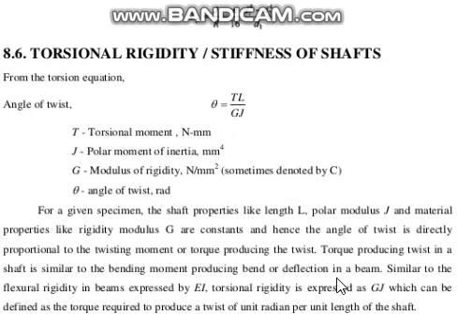That we call torsional rigidity. So remember this GJ is called torsional rigidity. Sometimes people may ask, what is torsional rigidity? On the basis of rigidity also we design the shafts.